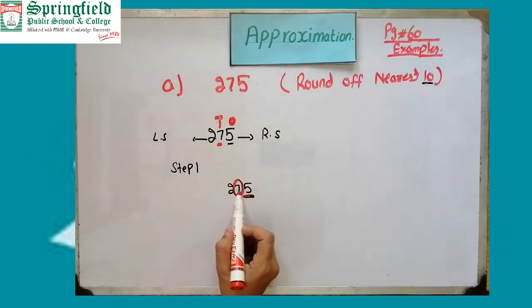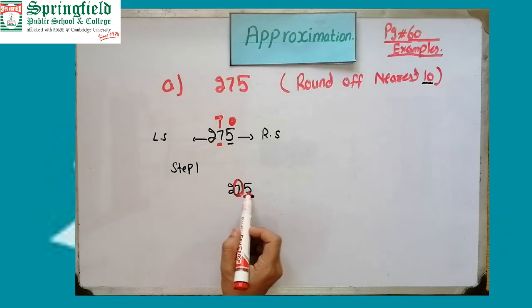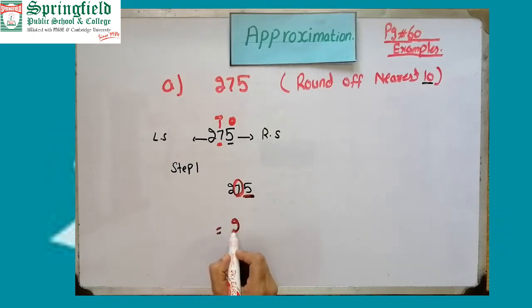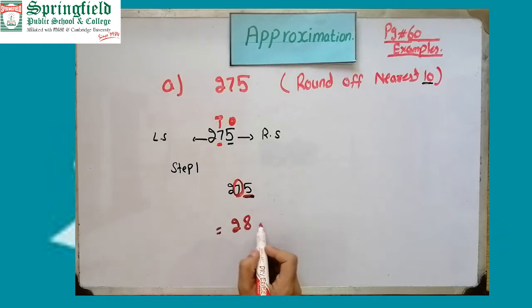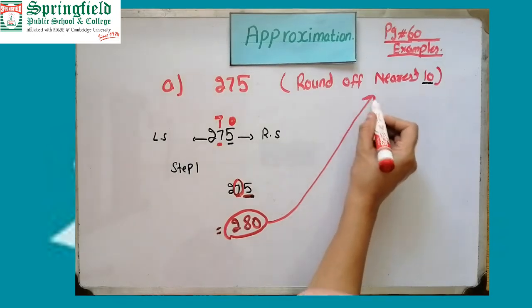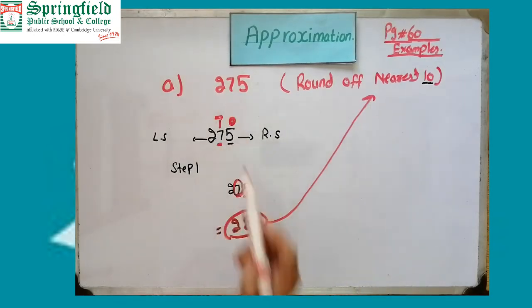The circled digit is 7, so we add 1 to it and it becomes 8. So 2, 8, and then all the next digits become 0. It means 280 is the nearest 10 when we round off this number.